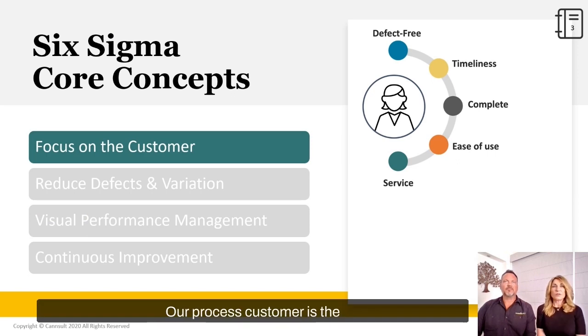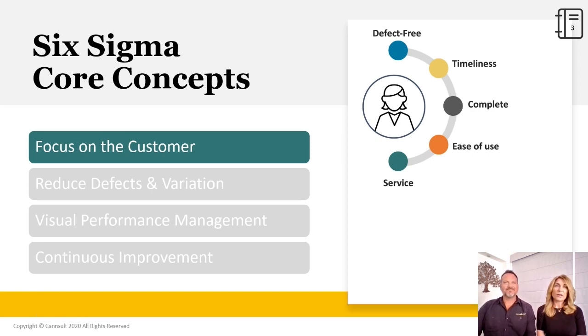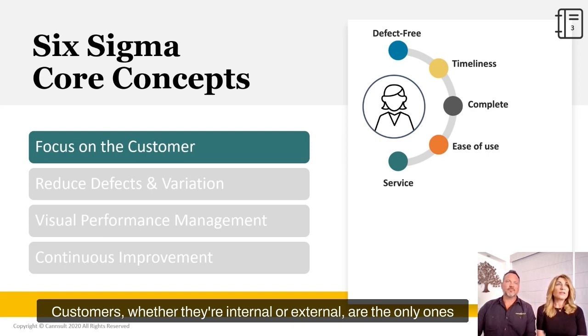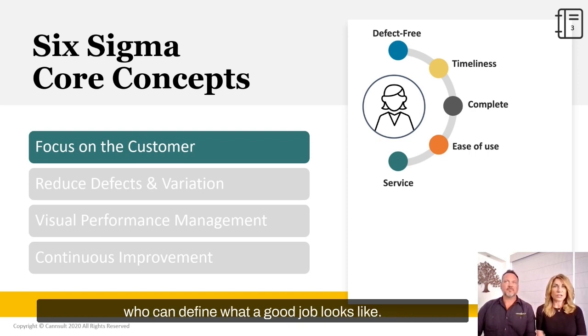Our process customer is the most important perspective to understand. We're not doing the customer a favor by serving him or her, which is actually a common attitude, especially with internal customers. We need to understand that our customer is doing us a favor by giving us the opportunity to do our work. Customers, whether they're internal or external, are the only ones who can define what a good job looks like.